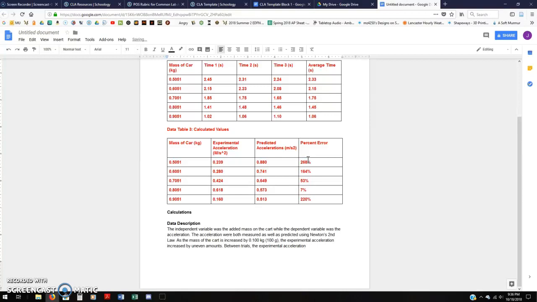And here I'm going to do a little bit of math just to show the same kind of thing I did before. The experimental acceleration changed by, and once again the difference between these two was 0.04. Trials 1 and 2.